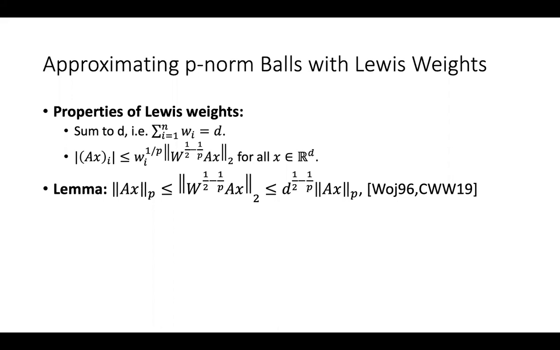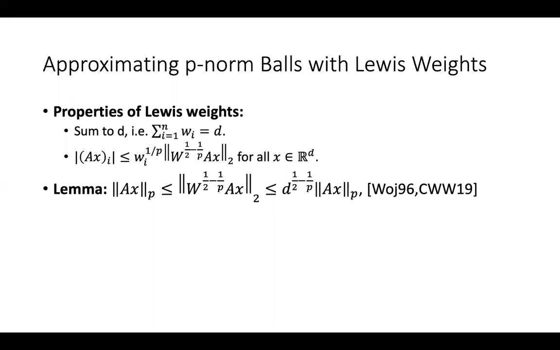Also, the Lewis weights give some control over how large the coordinates of Ax can be. Formally, the other property we need is that the ith coordinate of the vector Ax, for any x, is at most the Lewis weight Wi to the 1/p power times the L2 norm of W to the 1/2 minus 1/p Ax. So these are the two properties we need.